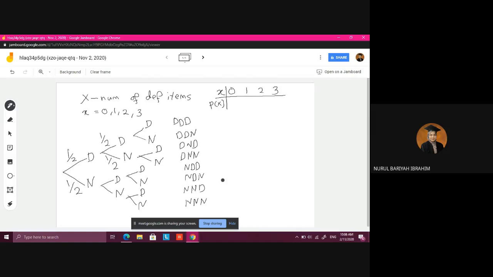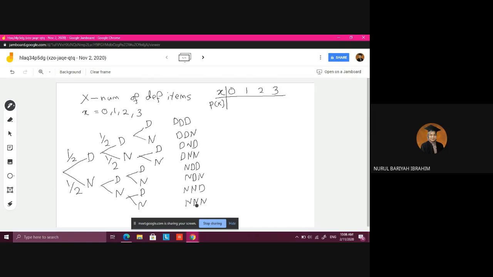So probability of X is 0 means that 0 defective item occur. So kat sini 0 defective item maksudnya yang tak ada defective. So N lah kan. So N. Okay. So what is the probability to get all of this? So kat sini probability untuk dapatkan each of this adalah 1/8. Kenapa saya cakap macam tu? Sebab 1/2, 1/2, 1/2.